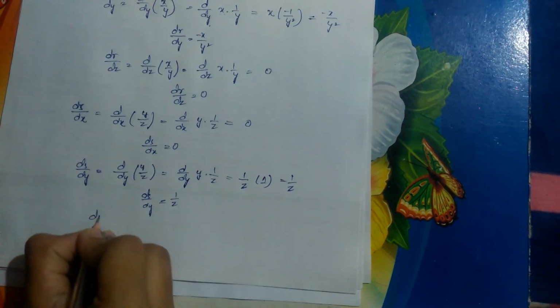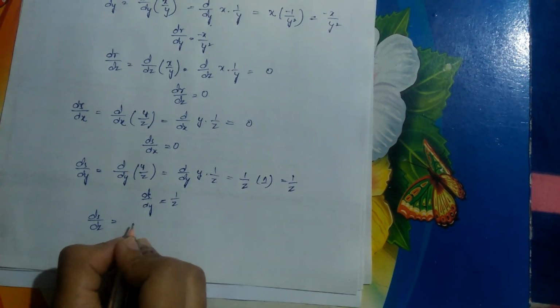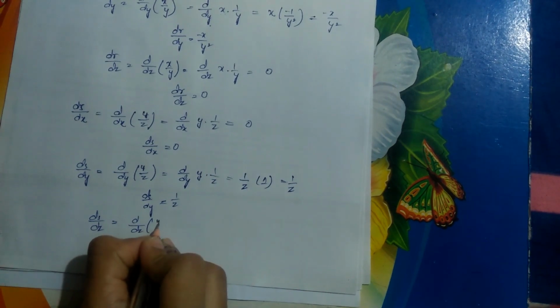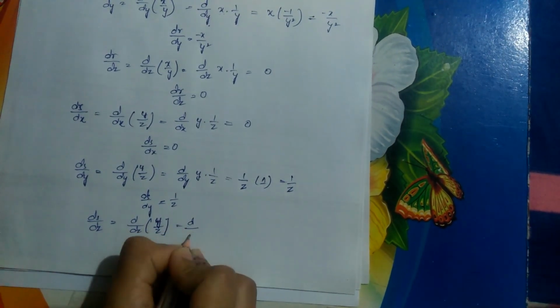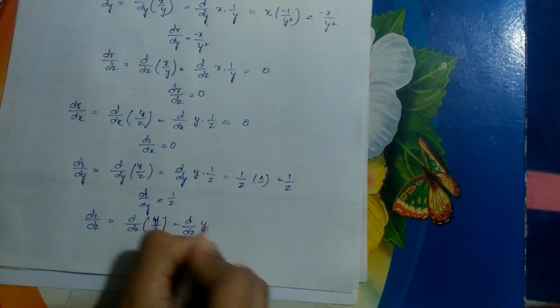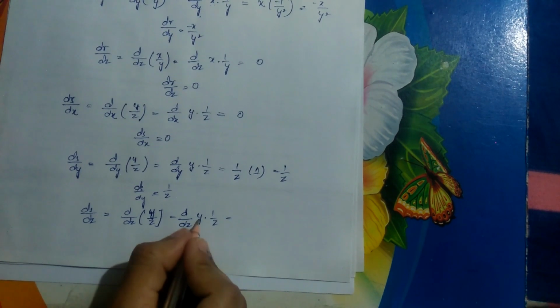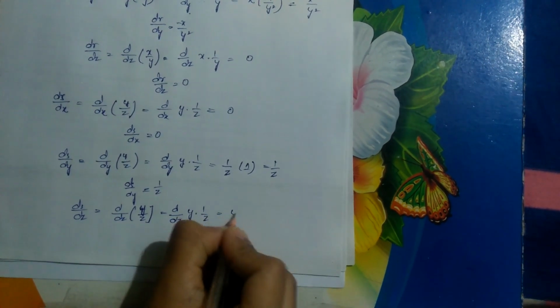Then here dou s by dou z. Now s is differentiated with respect to z. Dou by dou z of s is y by z. Then that equals dou by dou z of y into 1 by z. When we are deriving with respect to z, the other variable, y, is treated as constant. So write y as it is.